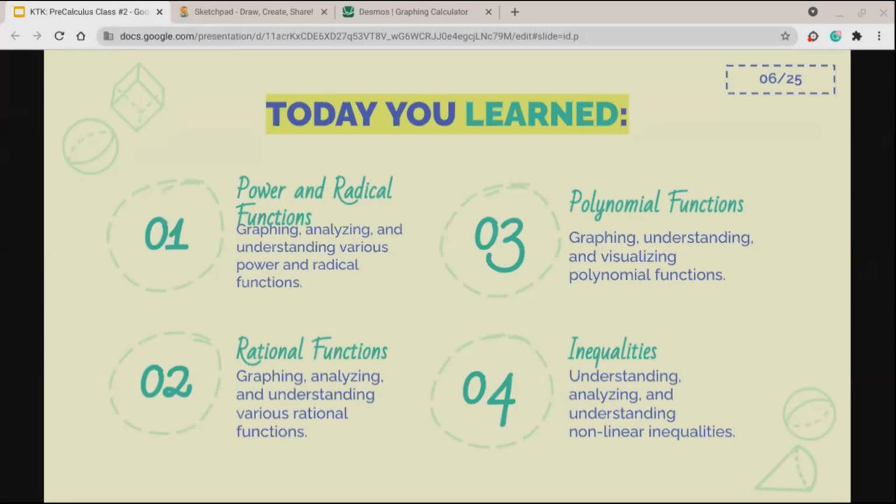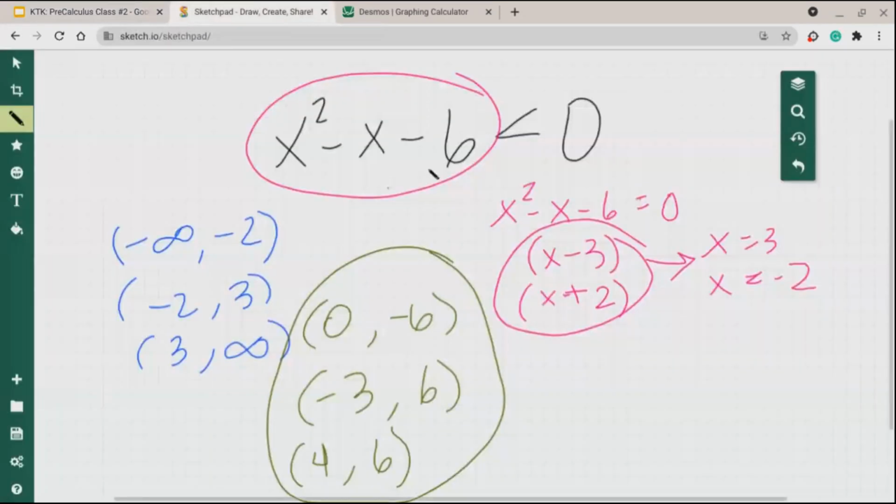We have about 10 minutes left. Someone asked what we are trying to solve for. We are trying to solve for x. We want to find all values for which this expression is less than 0.